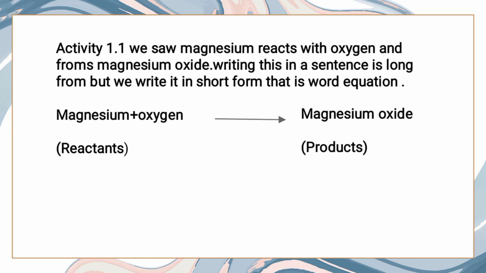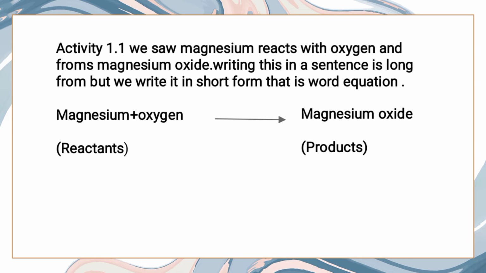Writing a reaction in a sentence is a long form, so let us make it in a short form, that is a word equation. So magnesium plus oxygen, you are using a plus mark in between.